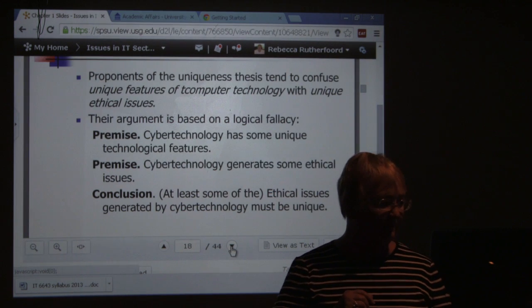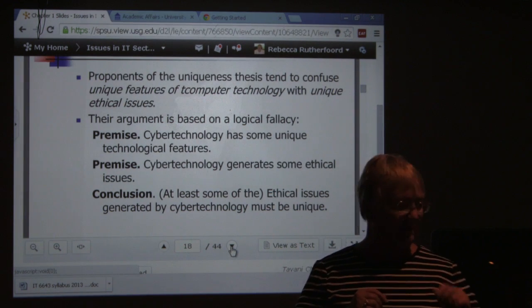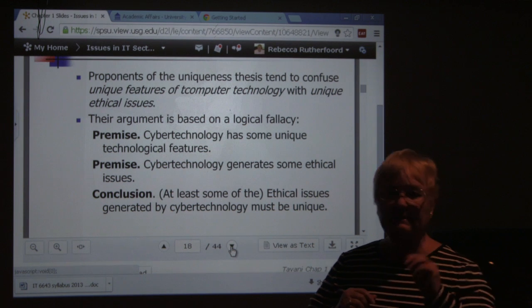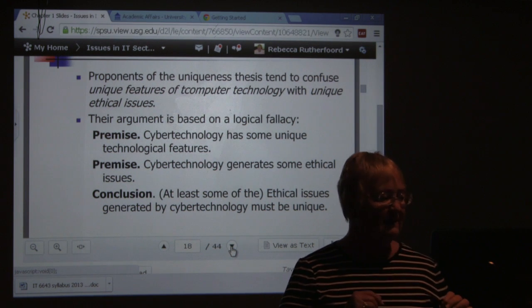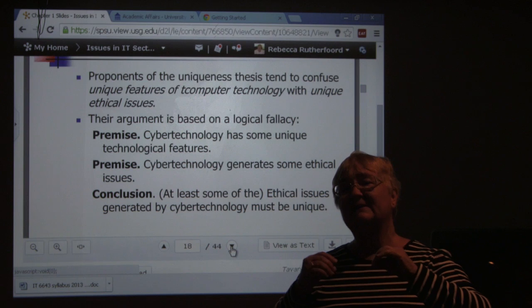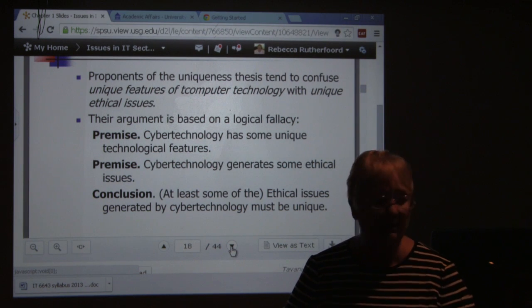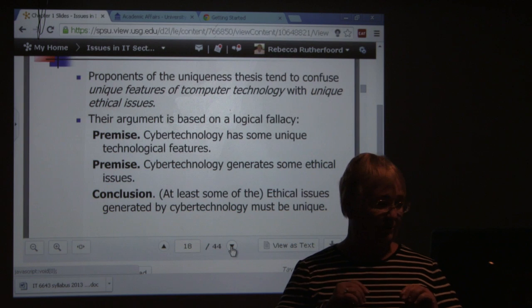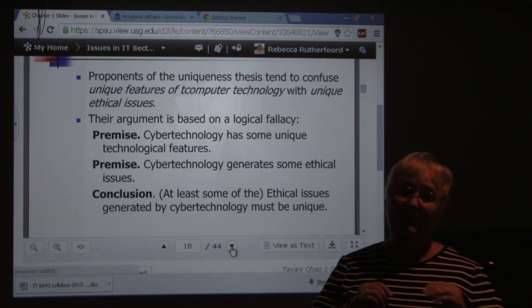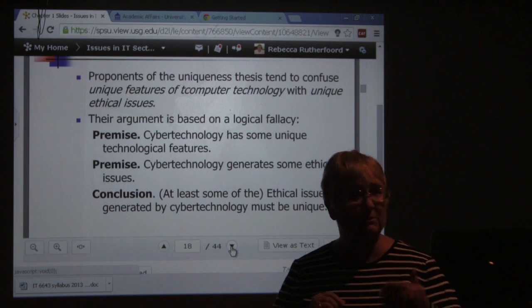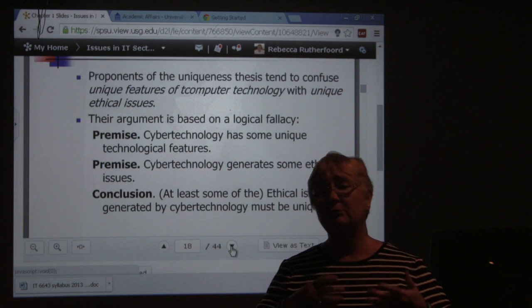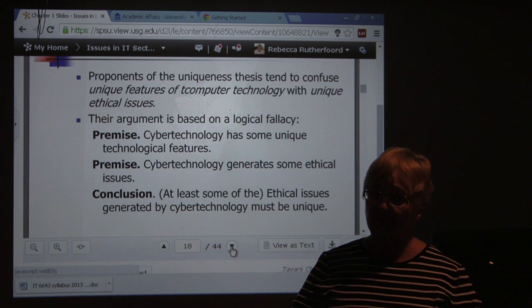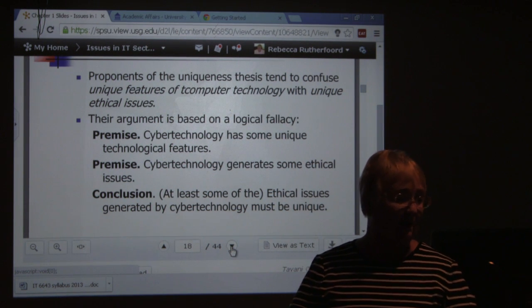One of the things when we look at the uniqueness issue is that this tends to confuse the features of the technology that are unique with whether we have any unique ethical issues. We do know our technologies do create some new, unique things we haven't seen in the past.